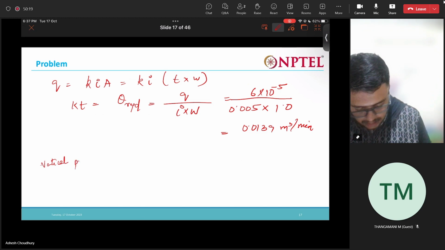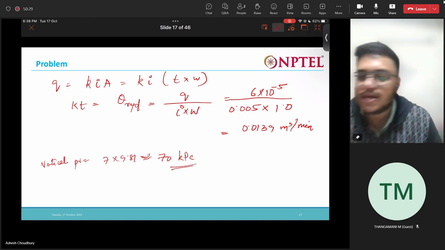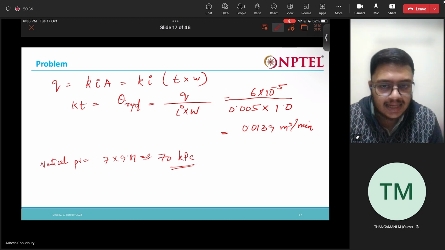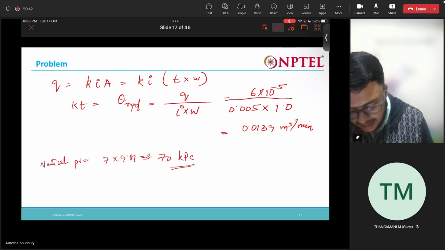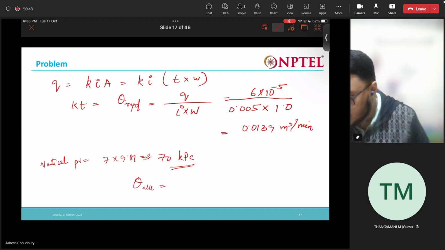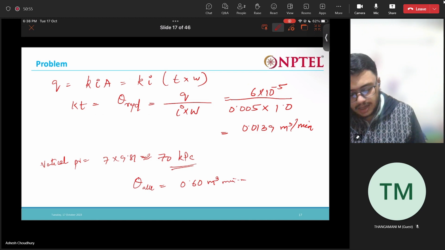Vertical pressure is 7 into 9.8, approximately 70 kPa, no? A little bit less. So corresponding to 70 kPa from the design, from the test data, we need to get the allowable theta of that particular geocomposite. Say from test data we have obtained that the theta allowable is 0.60 meter cube per meter.